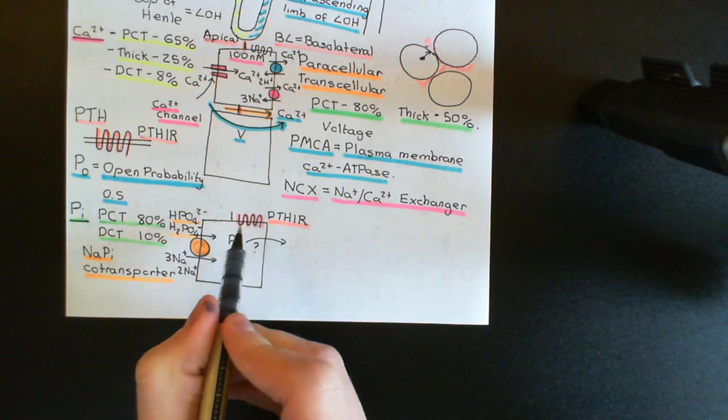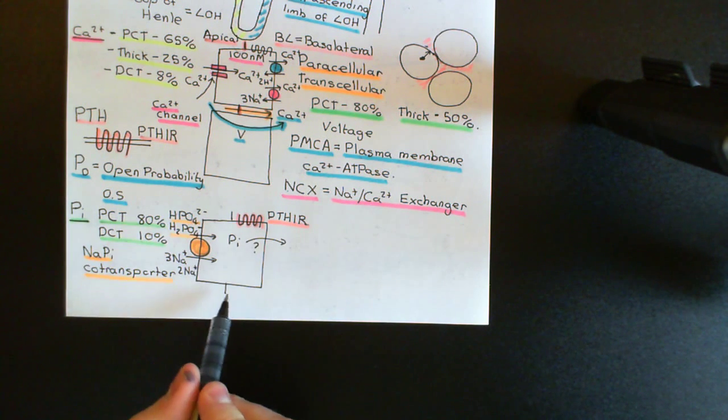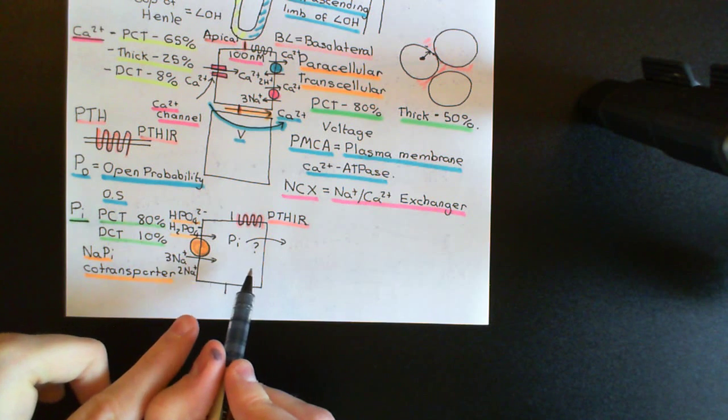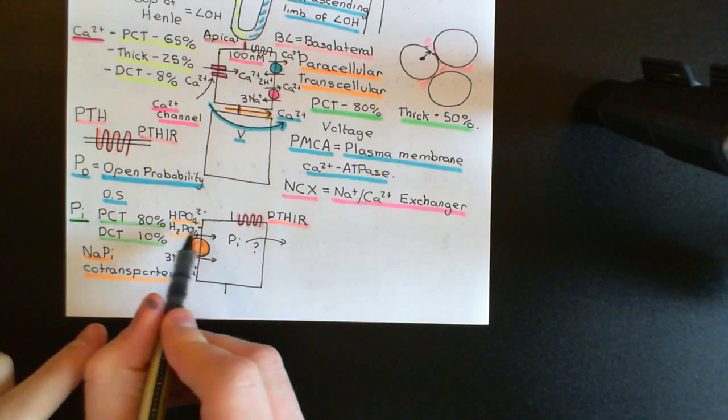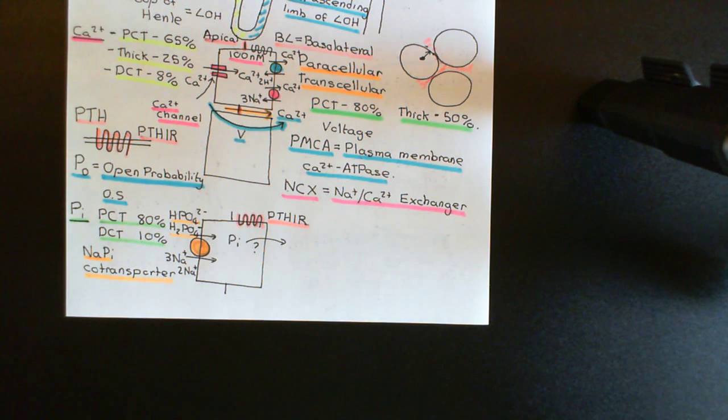And these intracellular signaling cascades are going to lead to the inactivation of the phosphate resorption. So somehow they're going to inactivate this step here with the sodium phosphate cotransporter to reduce the amount of phosphate that we're bringing out of the lumen into the cytoplasm of our renal tubule cell.